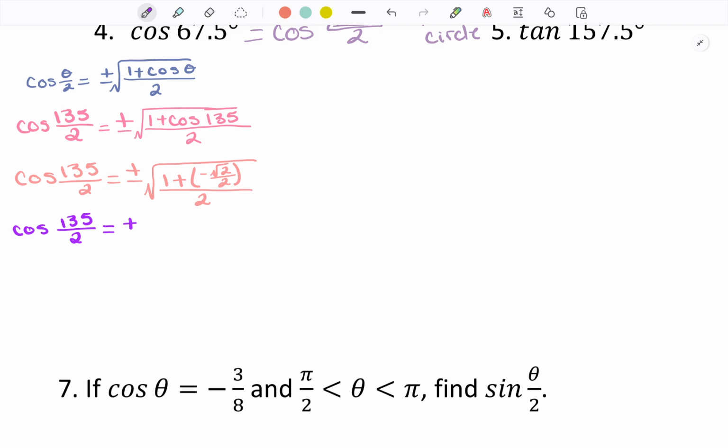And so this is plus or minus, and we are going to now go ahead and try to get equivalent fractions. So we've got 2 over 2, minus the square root of 2 over 2, and then that's over 2.